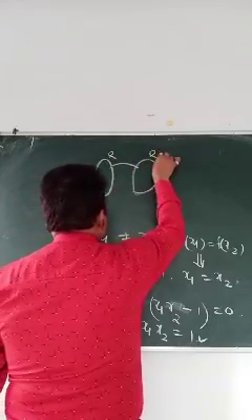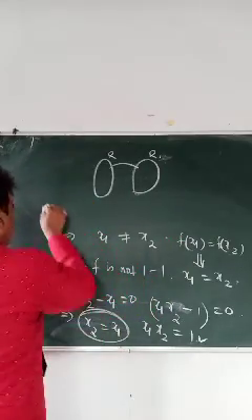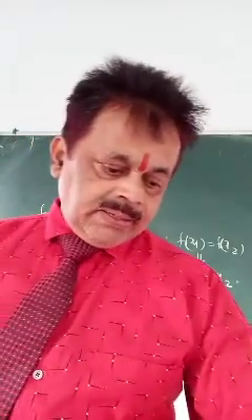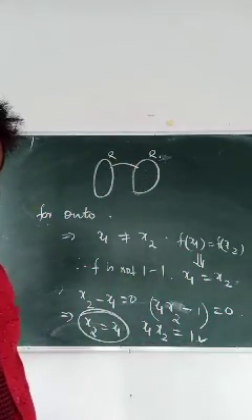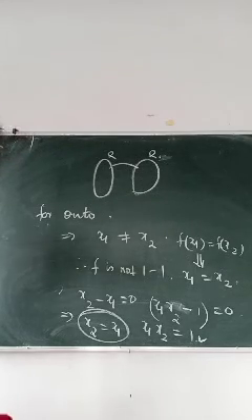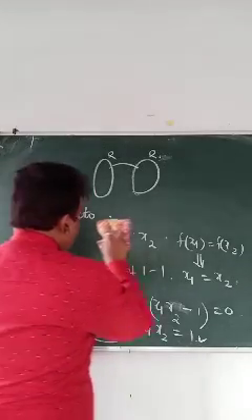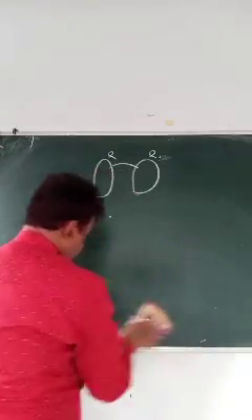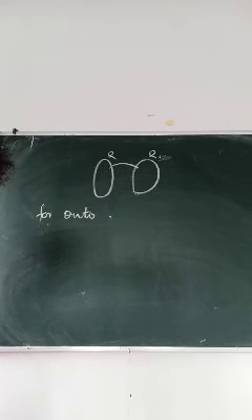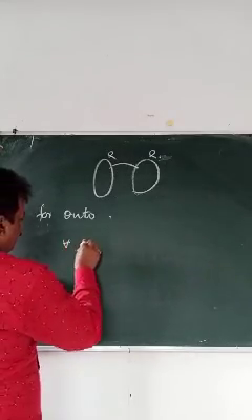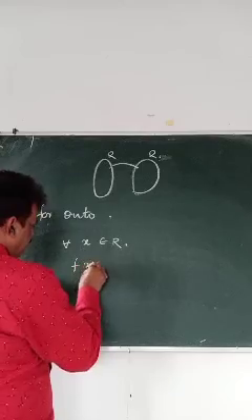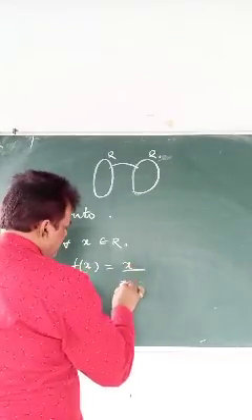So for onto, what you will see is, for all x belongs to R, any x belongs to R, you can see what is your f(x), that is x by x square plus 1.